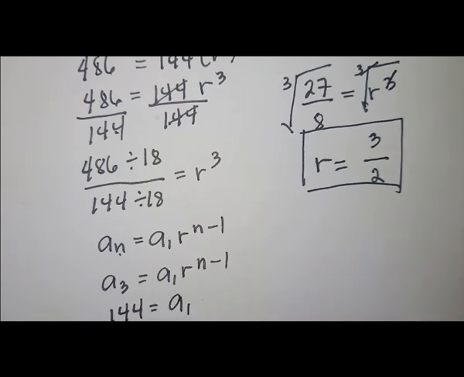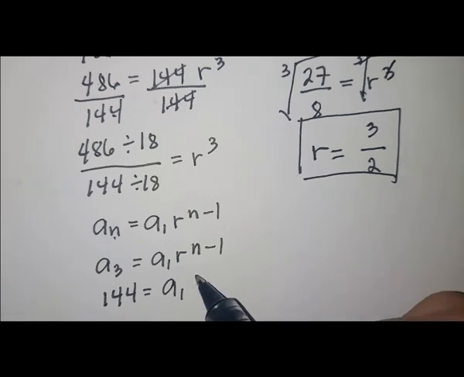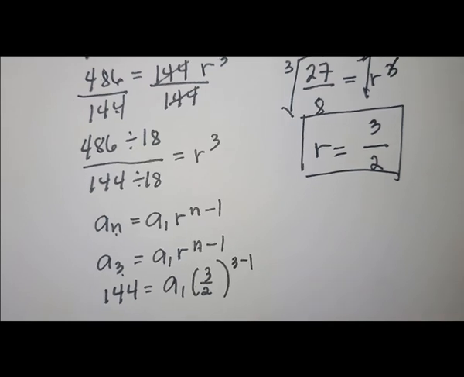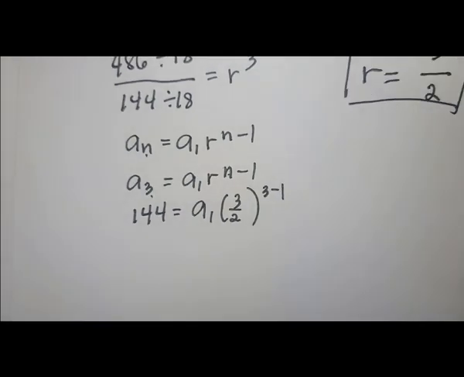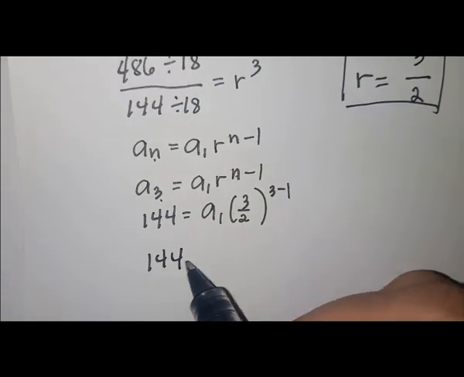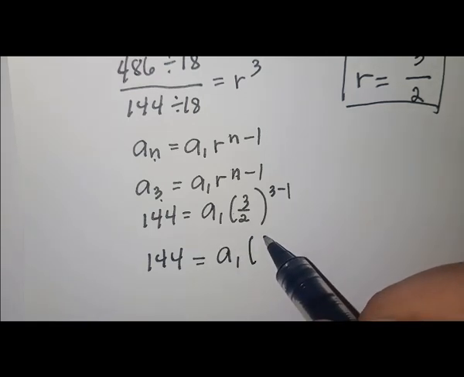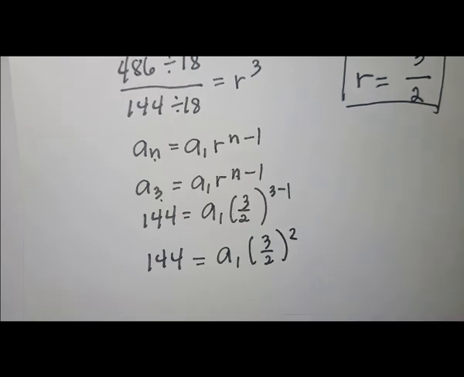equals a sub 1, which is unknown. Ang r naman natin ay 3 over 2. Okay? Ang n natin ay 3 minus 1. So, magkakaroon tayo ngayon ng 144 equals a sub 1 times 3 over 2 squared.